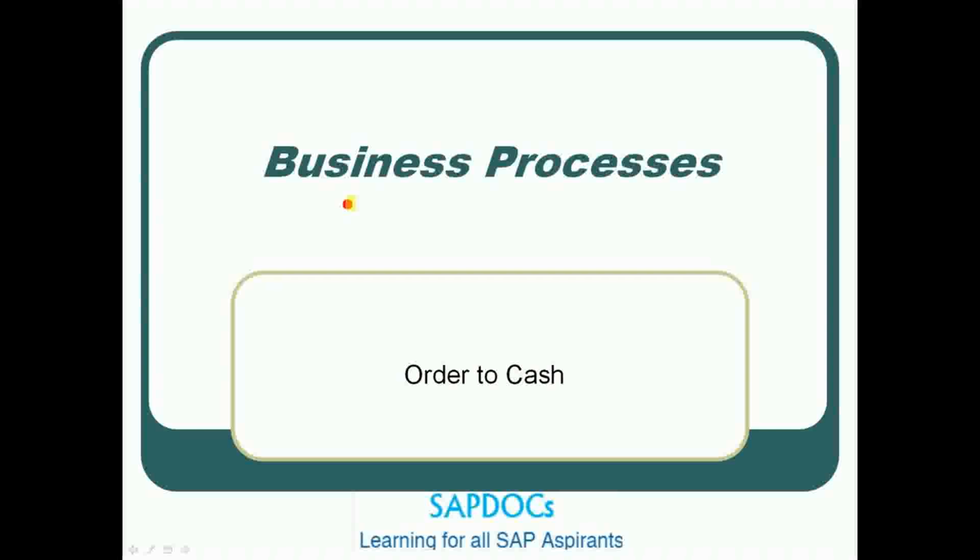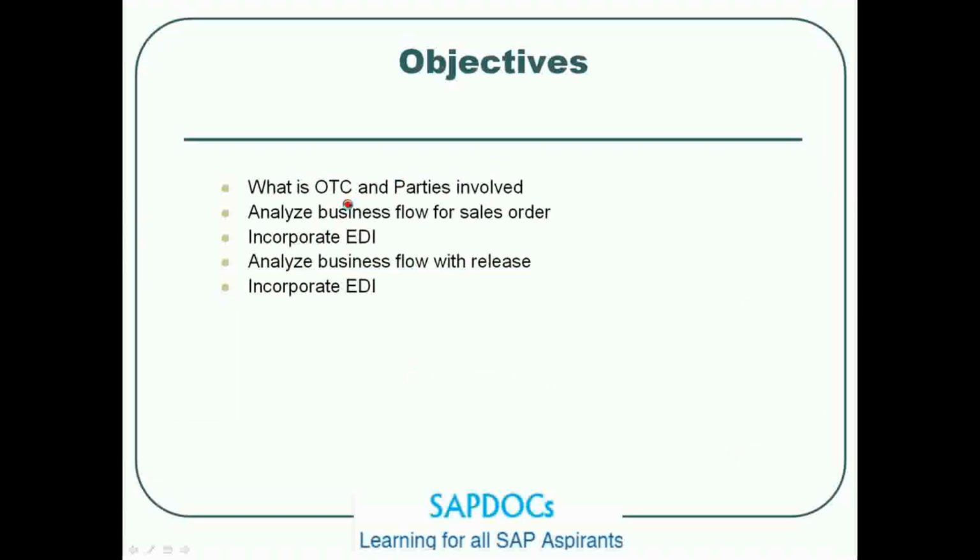As usual, we'll start with objectives. Objectives of this session is to cover what is order to cash process and what are the parties involved. We'll analyze the business flow for the sales order, and we will see how we can incorporate EDI so that we know how a business process can be represented through EDI messages.